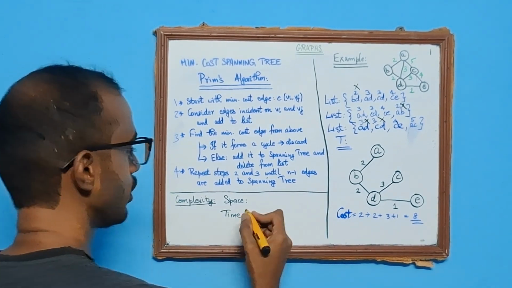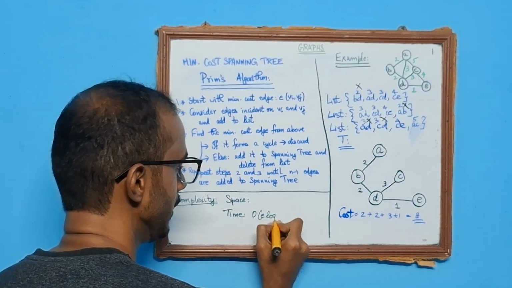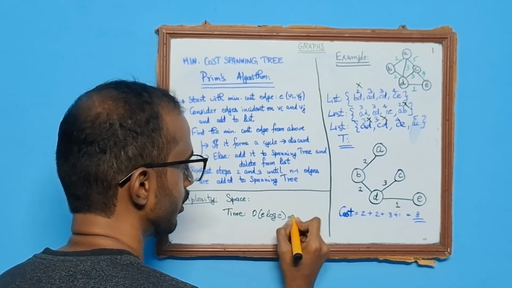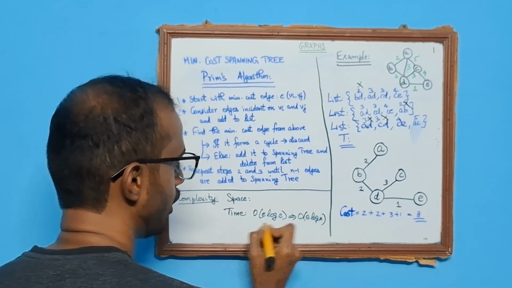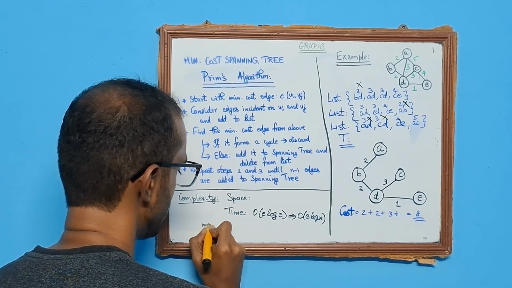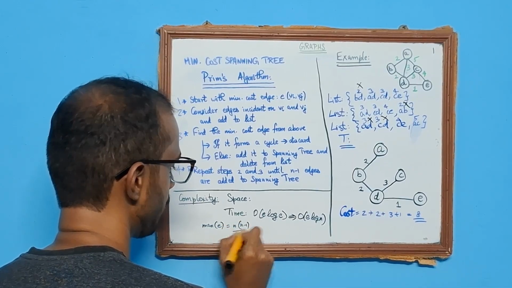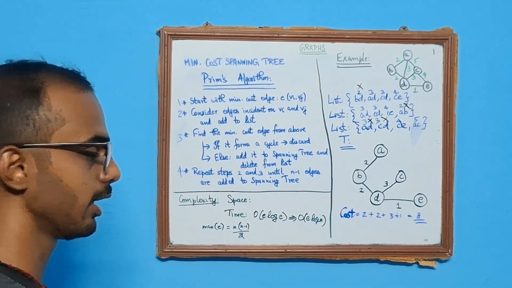So the time complexity is going to be order of E log E, which I can also write as E log N, right? Because in the worst case, maximum of E might be equal to N into n-1 by 2. So just for simplicity, I'm writing it as E log N.